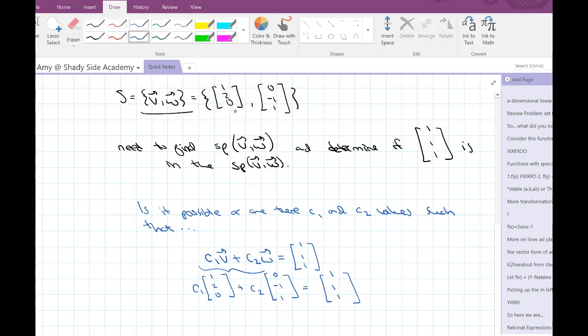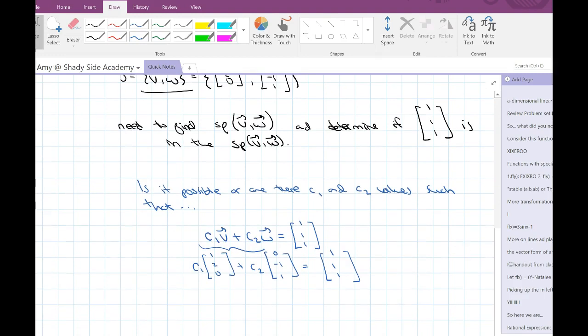And I guess the question is, does that plane include the point 1, 1, 1, right? So many different ways to ask this question. One question is, is there a C1 and C2 that will allow C1 times vector V plus C2 times vector W to equal 1, 1, 1? Another way to ask this question is, knowing that this left-hand side describes a plane, does the plane pass through 1, 1, 1, right? Many different ways to tackle this question.